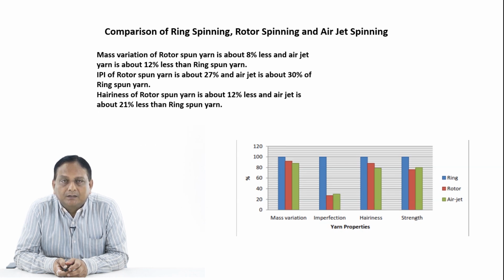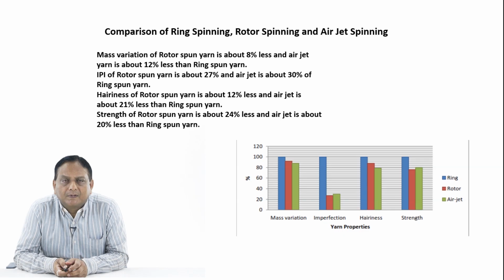Now if you see the hairiness of rotor spun yarn, it is about 17 or 12% less and air jet is about 20% less than the ring spun yarn. It again varies depending upon the nature of the yarn, where it has been collected, and the nature of the fibers from where it has been taken.